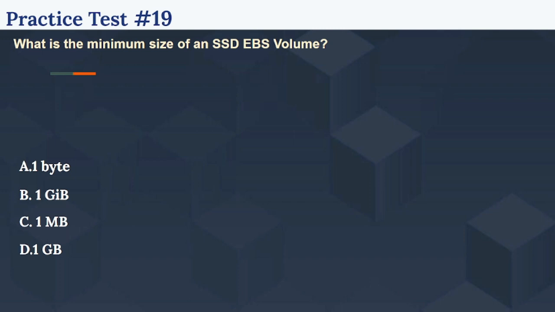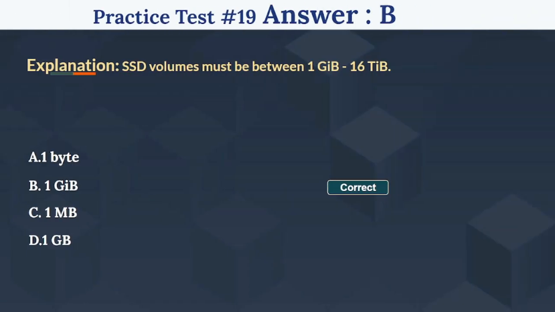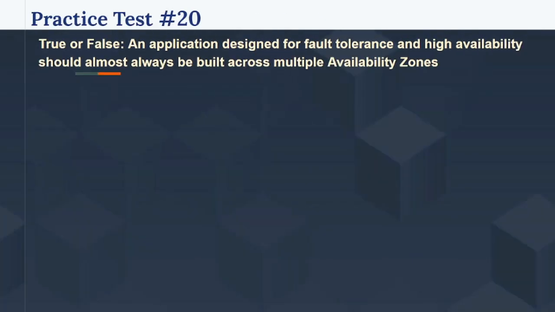Please select your answer in the next 5 seconds. 5, 4, 3, 2, 1. So the right answer is B, 1 GB. SSD volumes must be between 1 GB and 16 TB. Let's move to the next question.